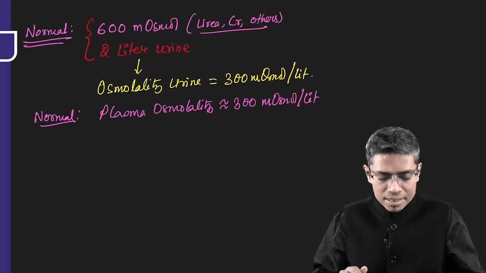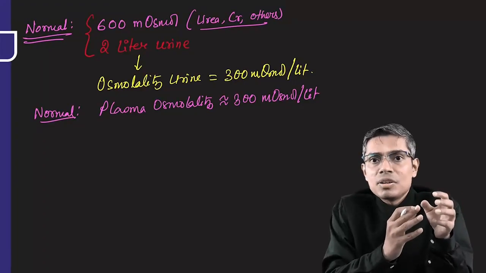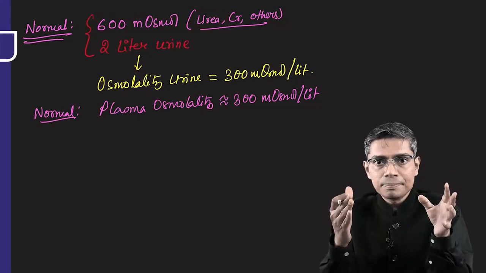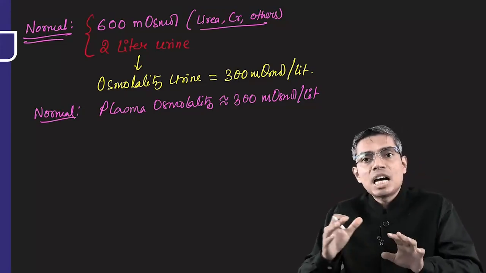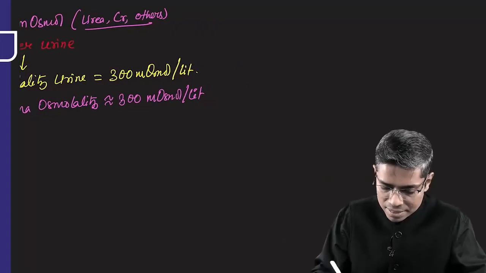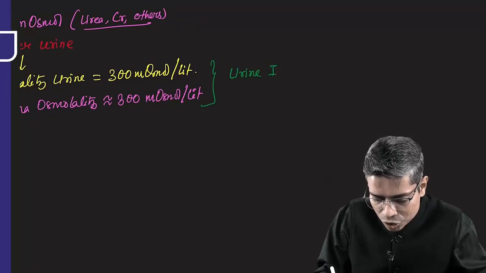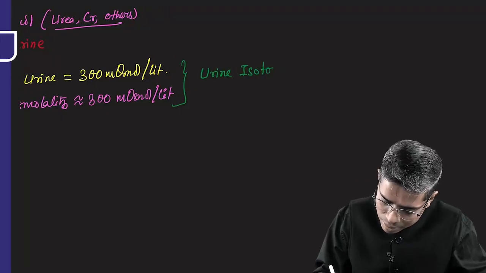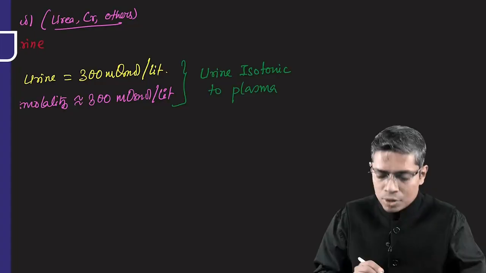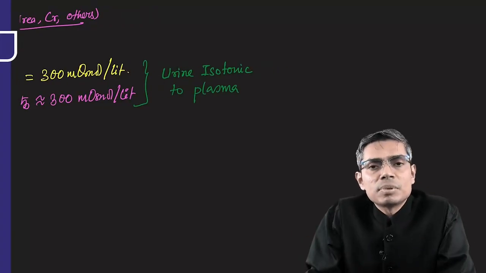So in these cases, I can understand that for excretion of 600 milliosmol solute from the body, whenever you are excreting 2 liters of urine, the urine is isotonic to plasma. So I can write down here like this, that in these cases, the urine is isotonic to plasma. So whenever urine is isotonic to plasma, urine osmolality is the same as that of the plasma.